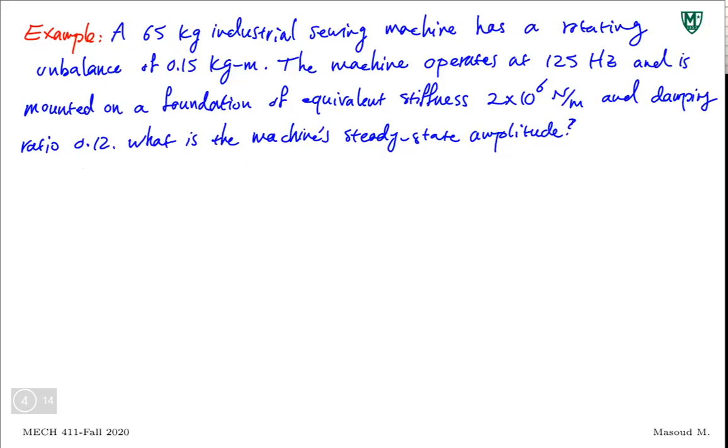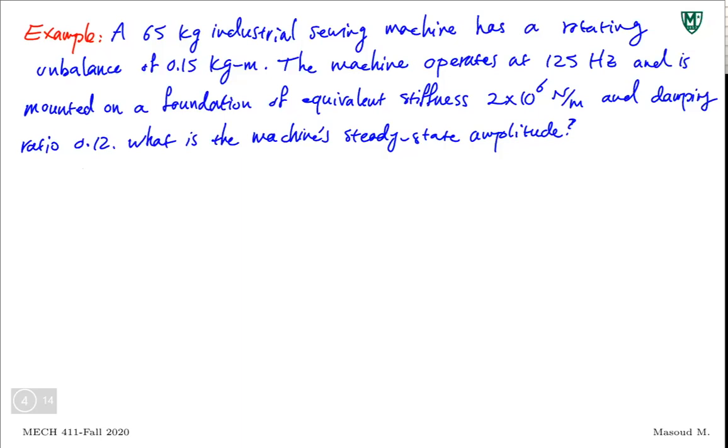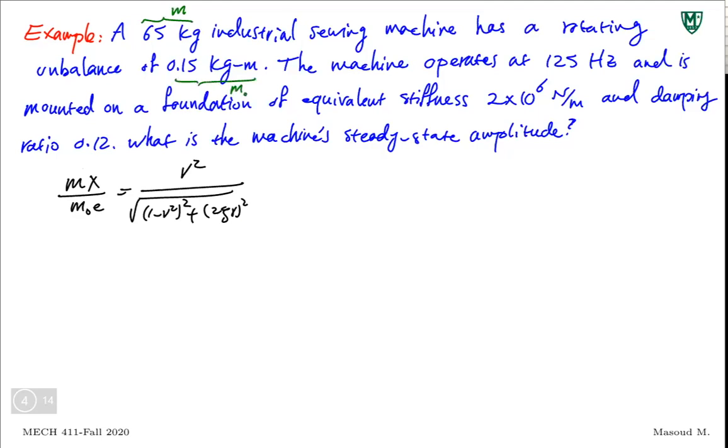Same story, right? For a steady state amplitude, we know the general expression is mX over m naught e is r squared over the square root of 1 minus r squared, squared, plus 2 zeta r squared. Let's see what we're given. We know m. We know the rotating unbalance, m naught e.